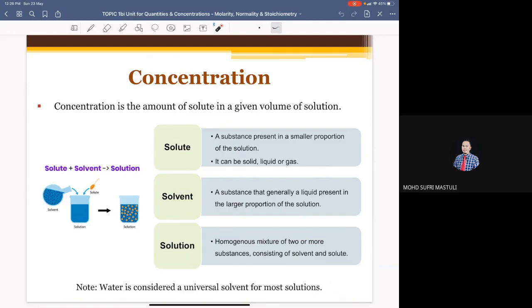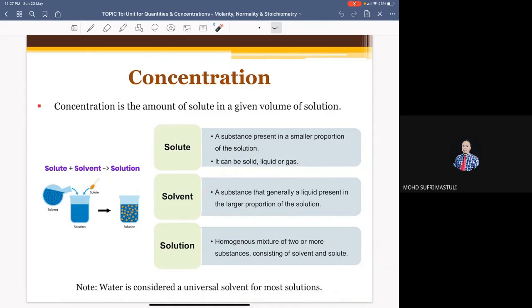When we dissolve a particular amount of solute in a specific volume of solvent, it gives us a specific concentration of the solution. To refresh, solute is the substance present in smaller proportion of the solution. It can be solid, liquid, or gas.